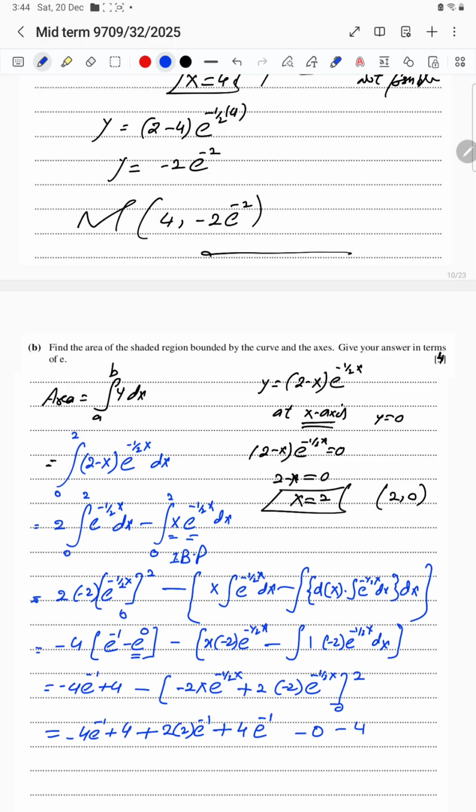So here you can see this will cancel by this. We have 4 e raised to power minus 1. That is the exact answer, the answer in terms of e. So that's my answer.